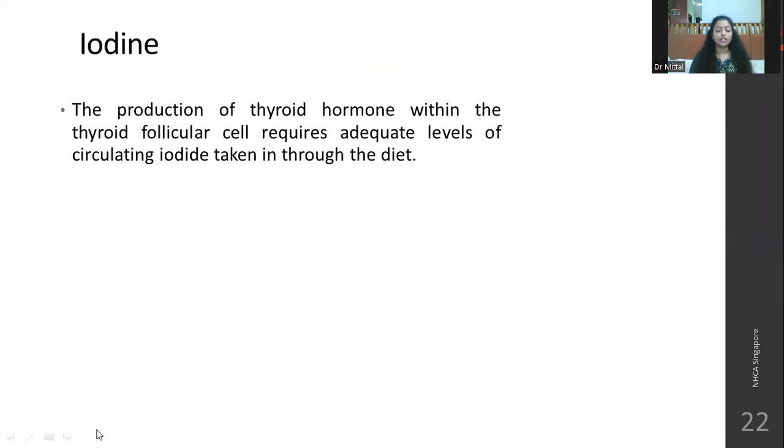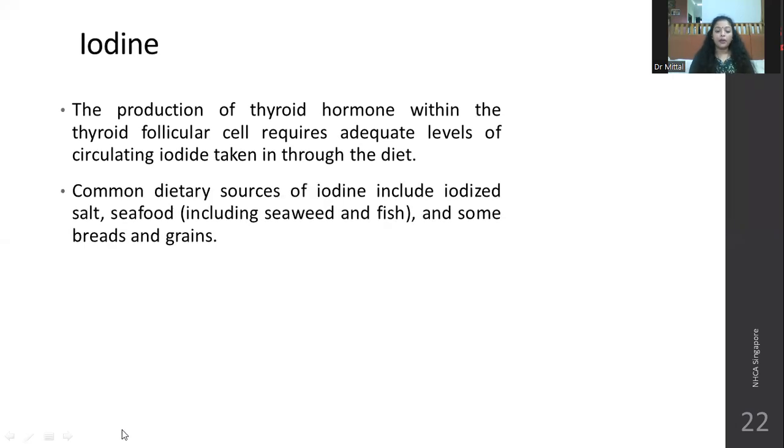So iodine: the production of thyroid hormone within the thyroid follicular cells, that is the cells of your thyroid gland, requires adequate levels of circulating iodine taken through diet. Okay, only through diet you can get the iodine. Common dietary sources of iodine are iodized salt, that is the first source, table salt.